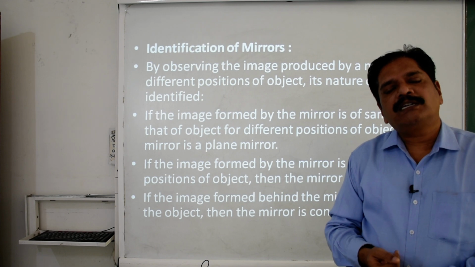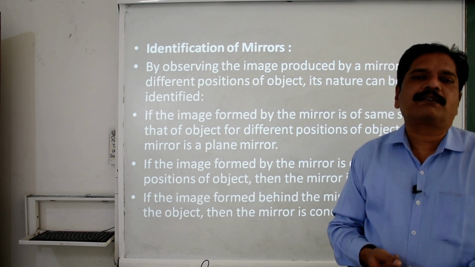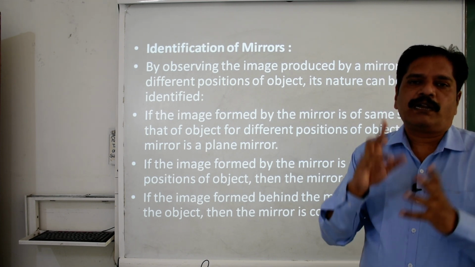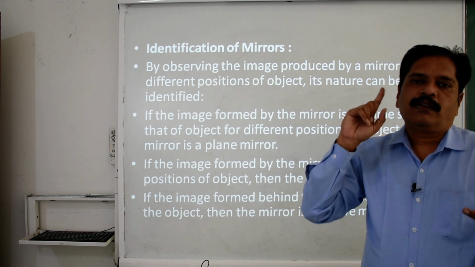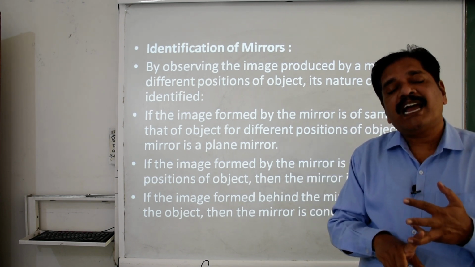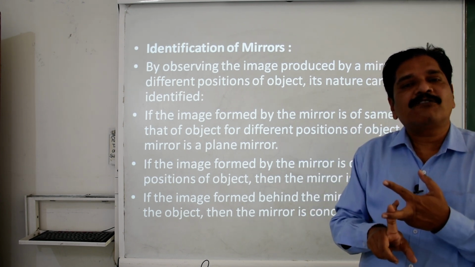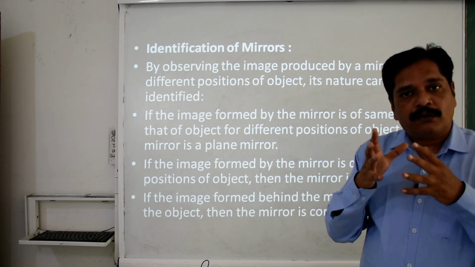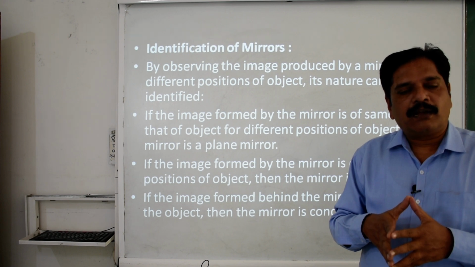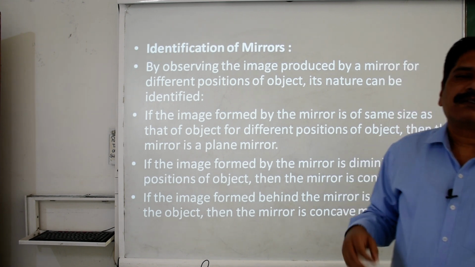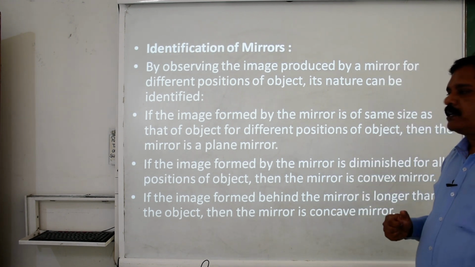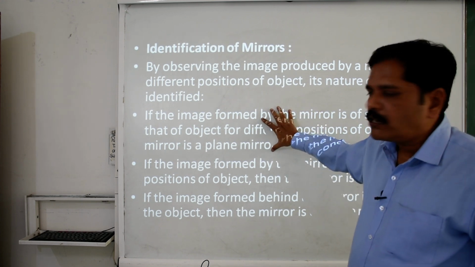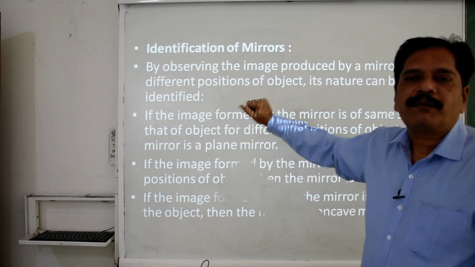What are the characteristics of the image formed by a plane mirror? It is always virtual, always erect, always equal in size, and always equidistant from the mirror in response to the position of the object. If these qualities are given, then the mirror is a plane mirror.